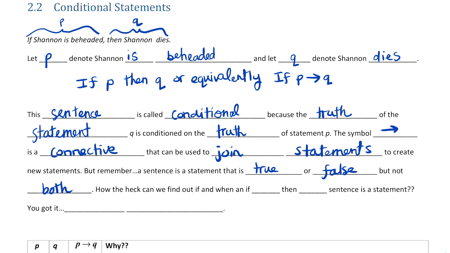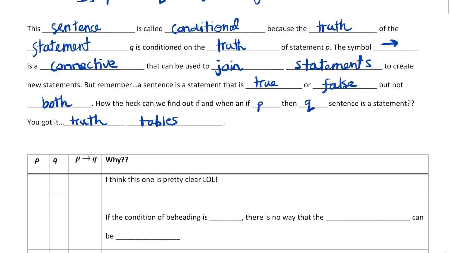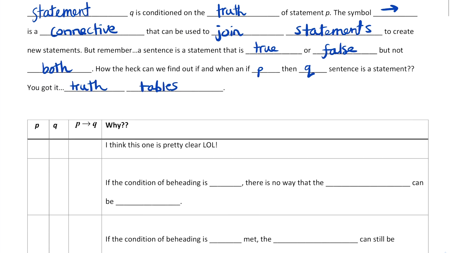Well, how can we find out if and when an if P then Q sentence is a statement? Your favorite, truth tables. All right, so let's check this out. Remember, P represents Shannon is beheaded.